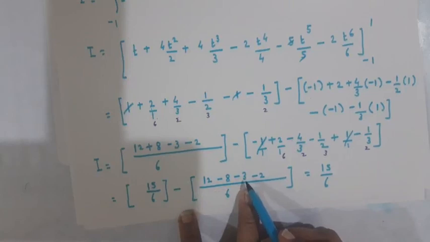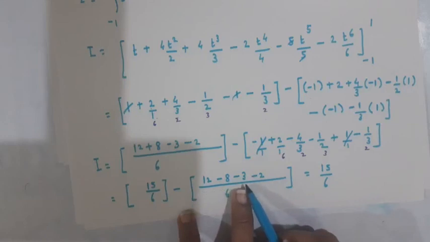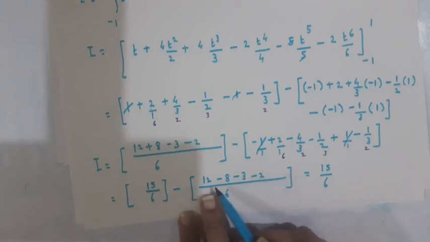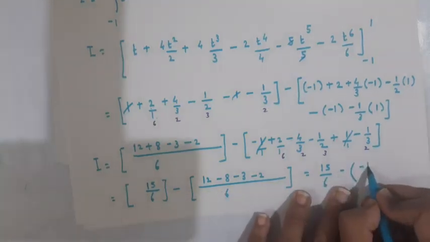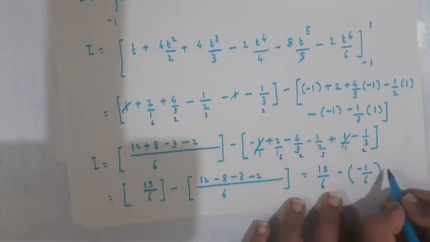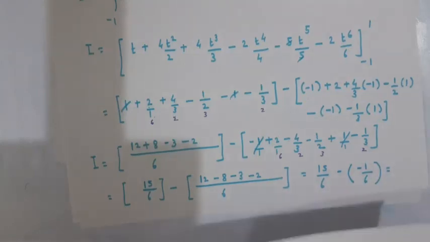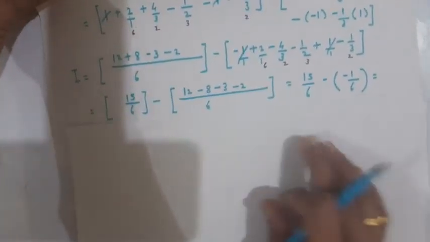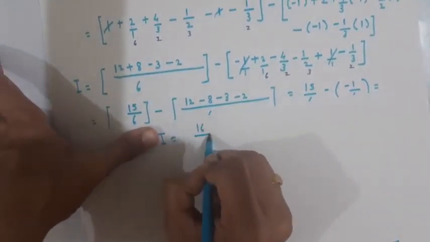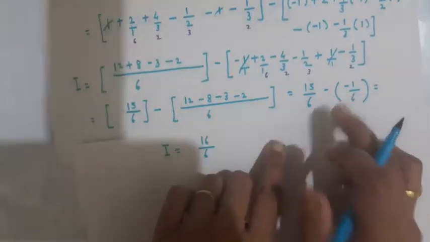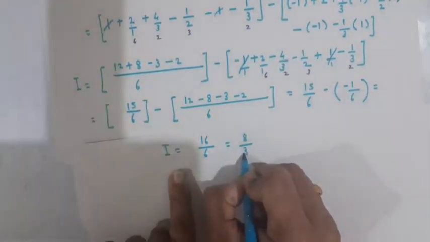Okay, 1, see here students, minus 8, minus 3, minus 11, minus 13 plus 12, this is minus 1 by 6, and minus, this is minus minus becomes plus, and this is 16 by 6. Integration I equal to 16 by 6, because this is minus minus plus 15 plus 1 is 16 upon 6, and the answer is 8 by 3.